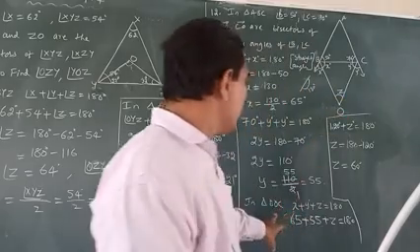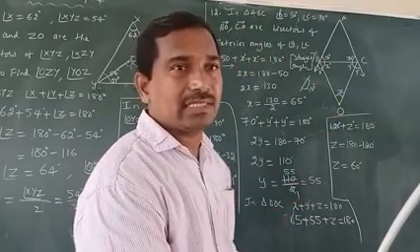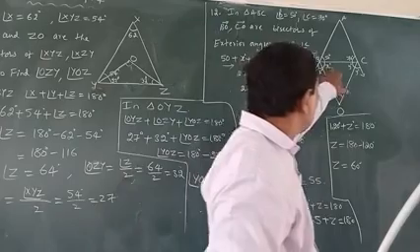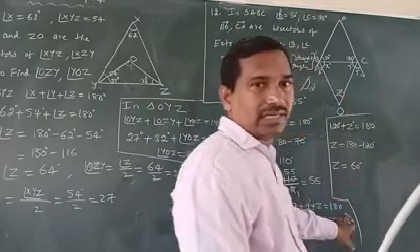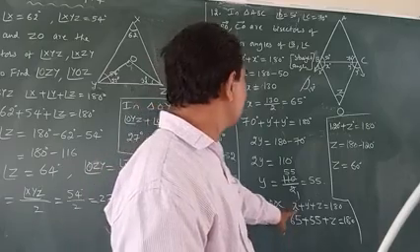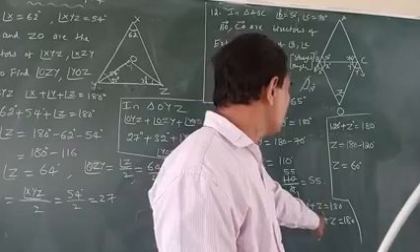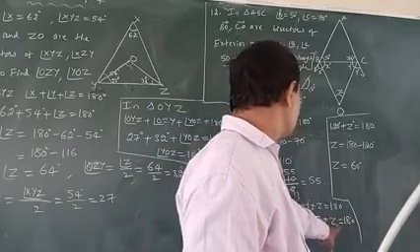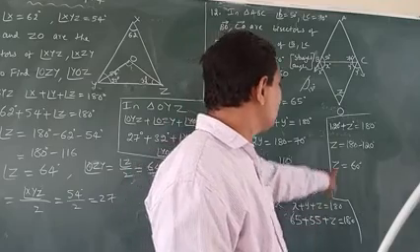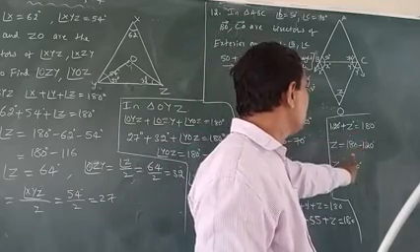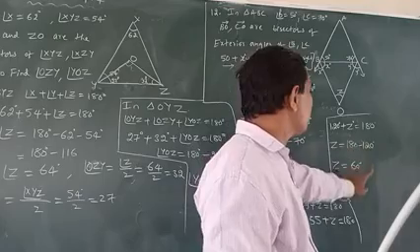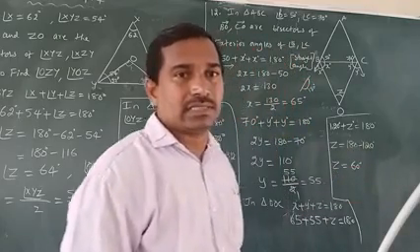In triangle BOC, the sum of three angles is 180. That is x plus y plus z equals 180. What is x? 65. What is y? 55. Substitute. 65 plus 55 is 120, plus z equals 180. So z equals 180 minus 120. Z equals 60 degrees.